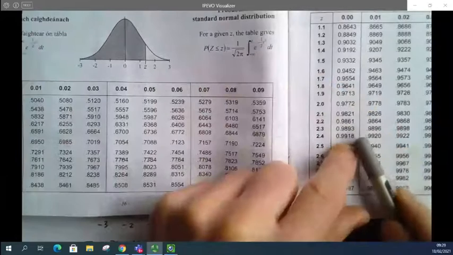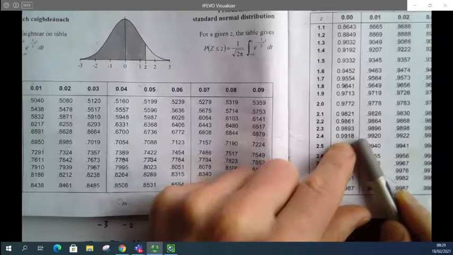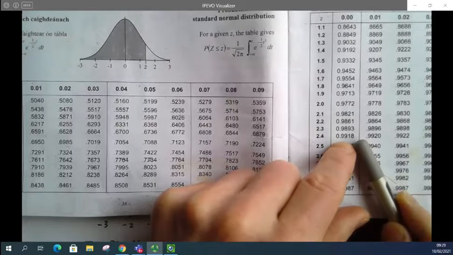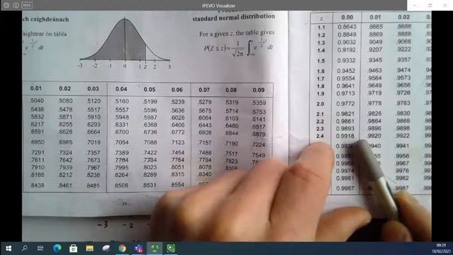So we can think of it in two ways. We can think of it as a proportion, but we could also think of it as a probability. It's the probability that a randomly selected cornflakes box will have weight less than 524. Or in other words, a randomly selected cornflakes box will have weight less than 2.4 standard deviations above the mean.